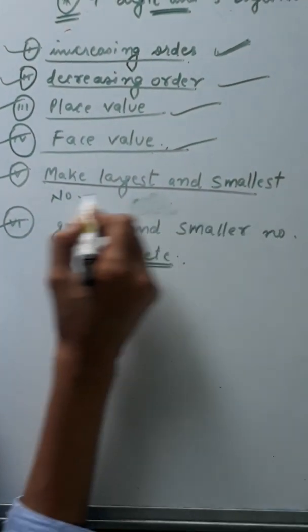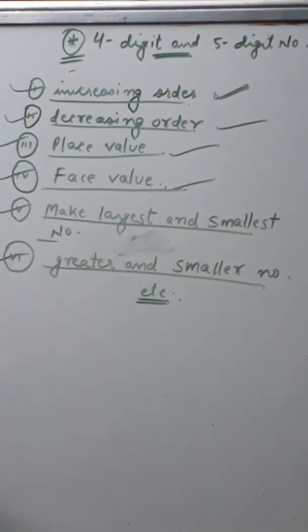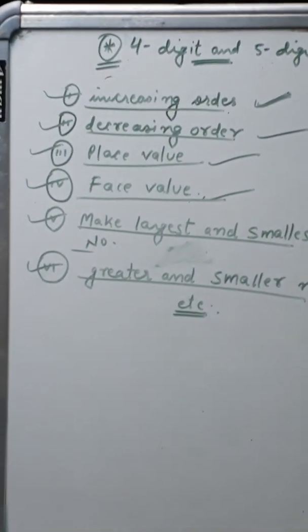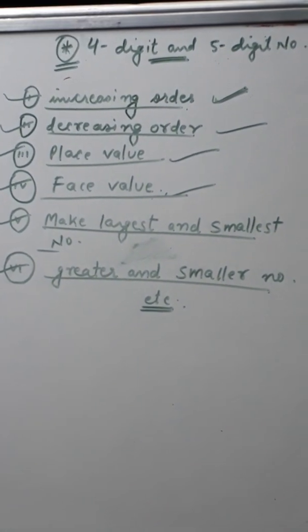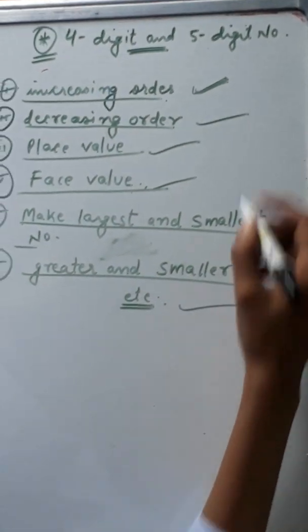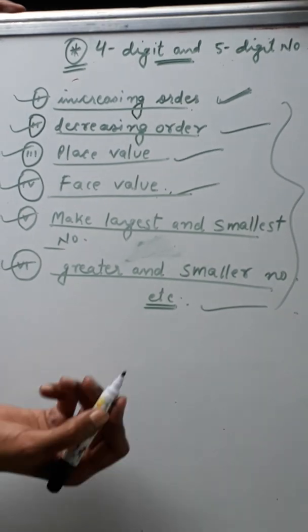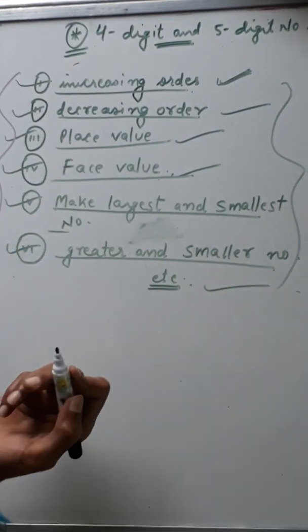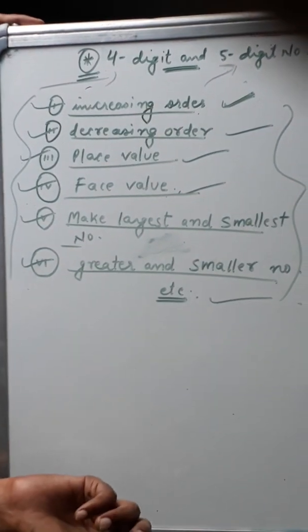Make the largest and smallest number, greater and smaller number, and so on. So before starting this chapter, I want to give you some homework to check who has known all these things. Then I will start the topics of 4-digit and 5-digit numbers. So we will move to the homework first.